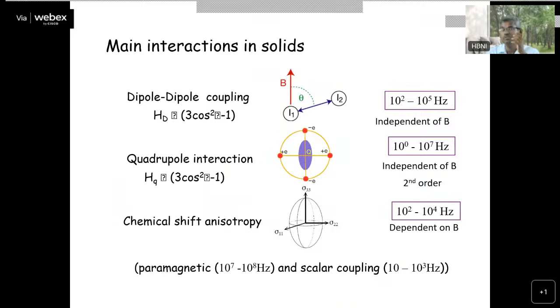So what happens to the dipolar interaction when it is randomly oriented? Even in a single crystal, it is not necessarily true that the bond vector represented by I1, I2 is aligned at an angle theta with respect to the magnetic field. There can be different orientations depending upon the orientation in which the crystal is grown, etc. So dipole-dipole interaction, as I mentioned in the last class, is one of the major interactions.